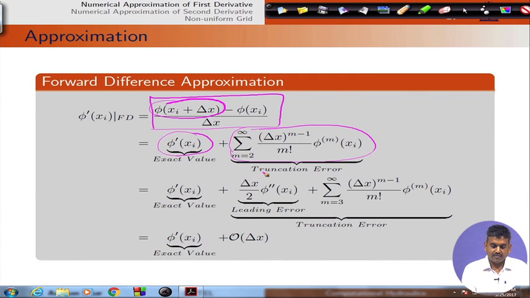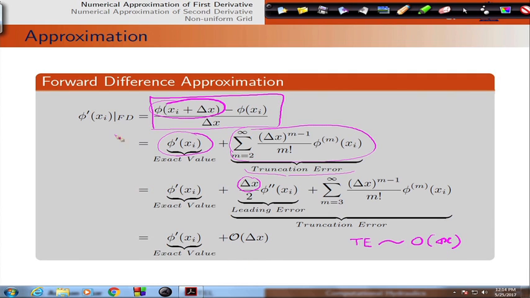All these terms in total are called truncation error, and the term with the lowest order of delta x is called the leading error term, and this determines the order of truncation error. In this case, we can say that truncation error is of the order delta x.